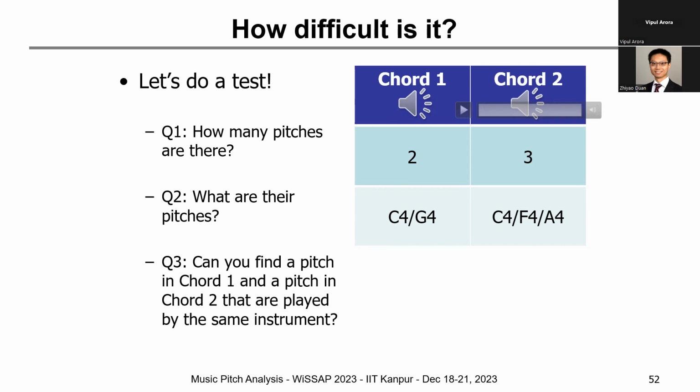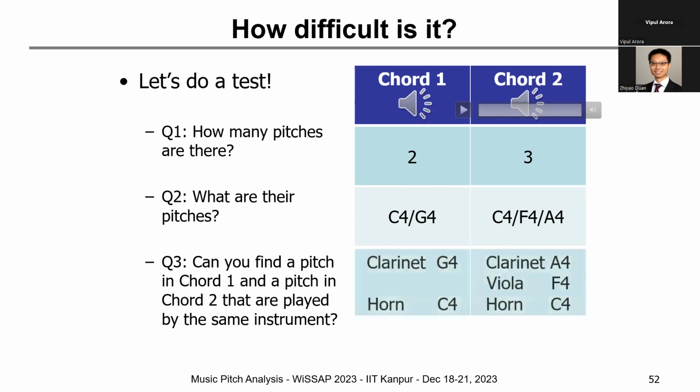It's very hard. So the C4 is played by horn, and this G4 is played by clarinet, and this A4 in the second chord is also played by clarinet. So you can see that's the difficulty.